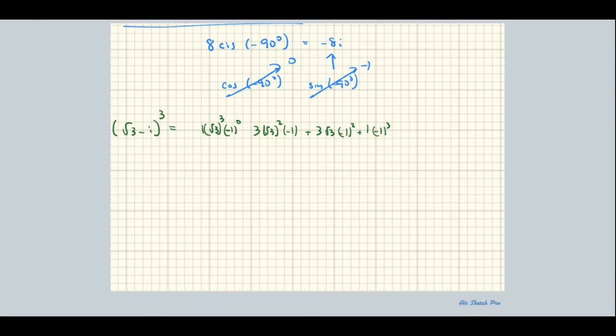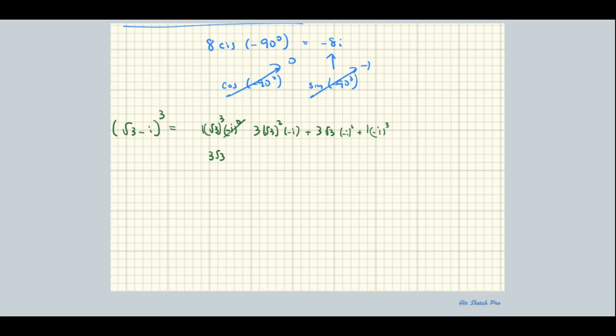Okay? This is obviously meaningless, and this is 3 root 3. Root 3 times root 3 times root 3. Sorry, I was writing negative 1 when I should have been writing negative i. There we go.